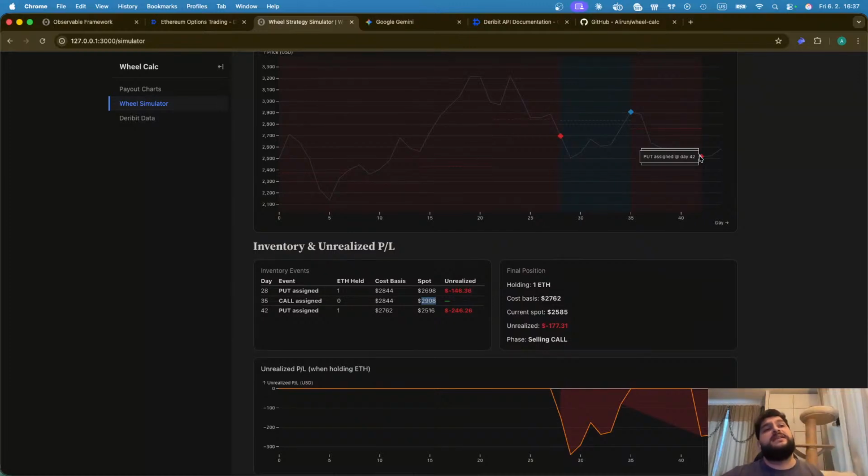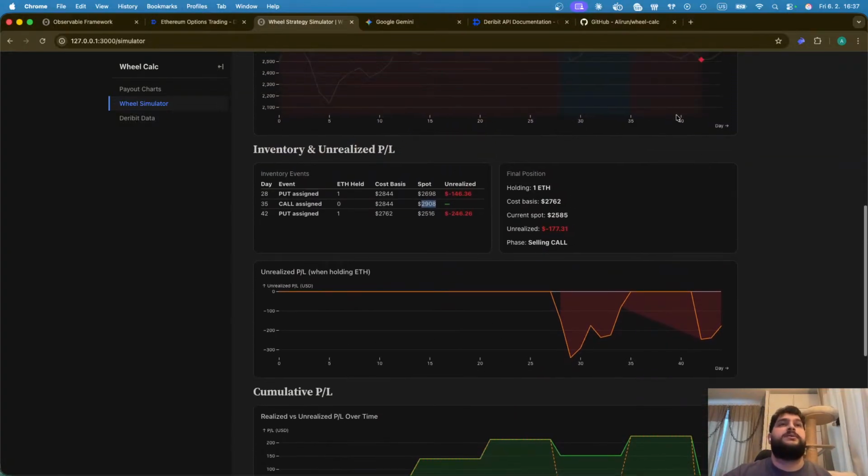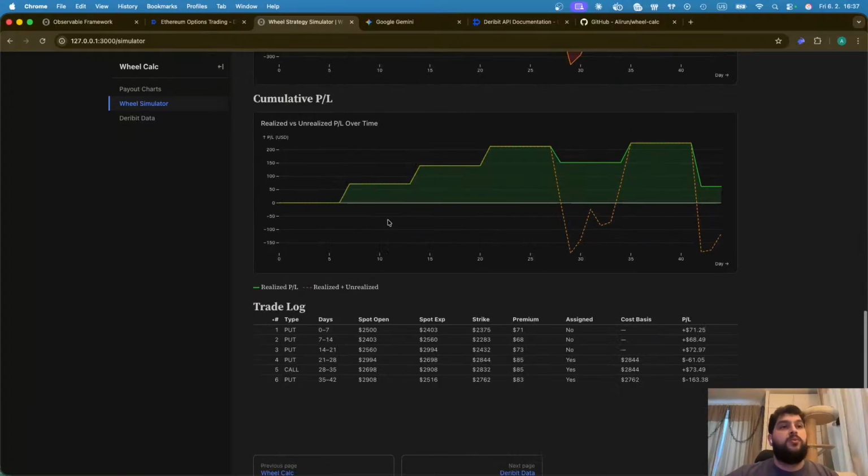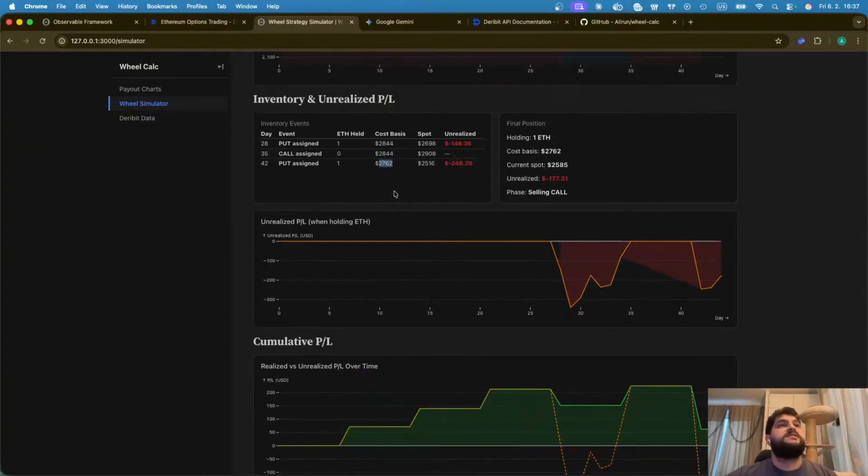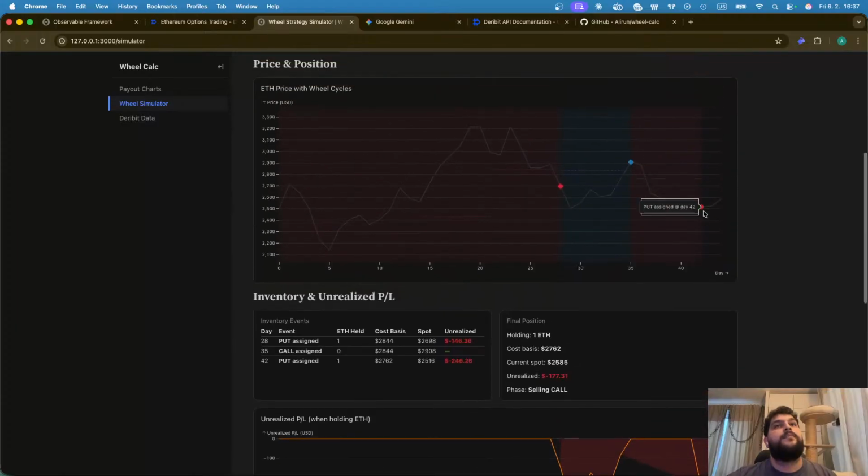We were assigned again, and since our put strike price was 2,762, and the spot price was 2,516, our unrealized loss at this point was this one, but then on the last day it just slightly went up.